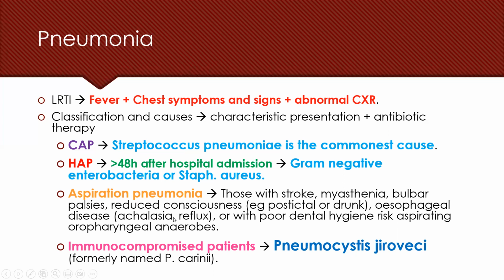Immunocompromised patients are liable to infection with an organism called Pneumocystis jirovecii, which was formerly named Pneumocystis carinii. I have to mention here that immunosuppression does not necessarily mean this patient has an HIV infection, because there are a lot of conditions associated with immunosuppression.